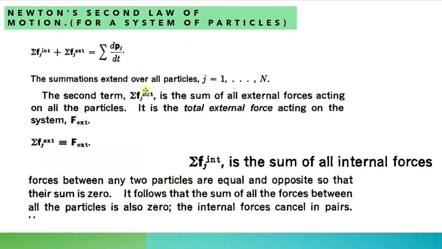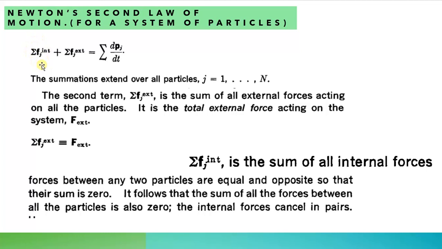Now you can see that sigma Fj external is the sum of all the external forces acting on all the particles in that system. It is the total external force acting on the system. We can write it as F external. So sigma Fj external is equal to F external. Now consider the first term, F internal.